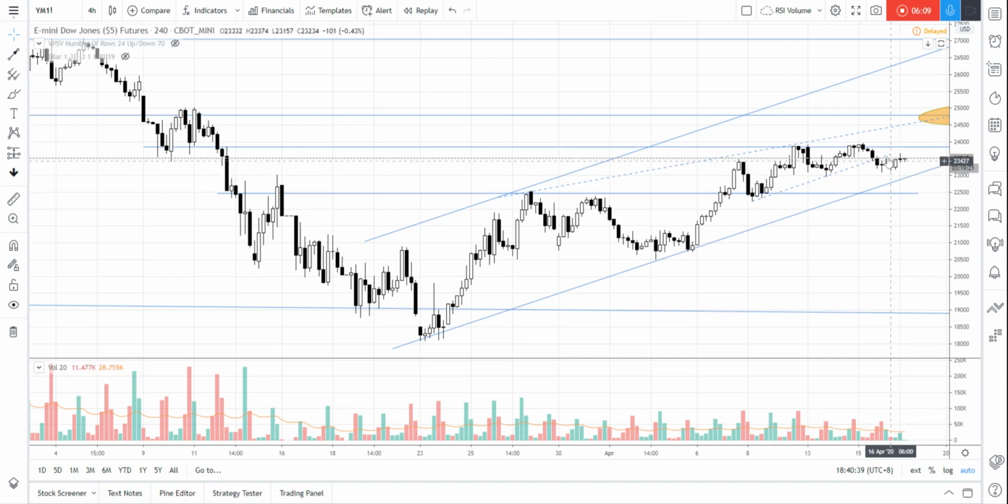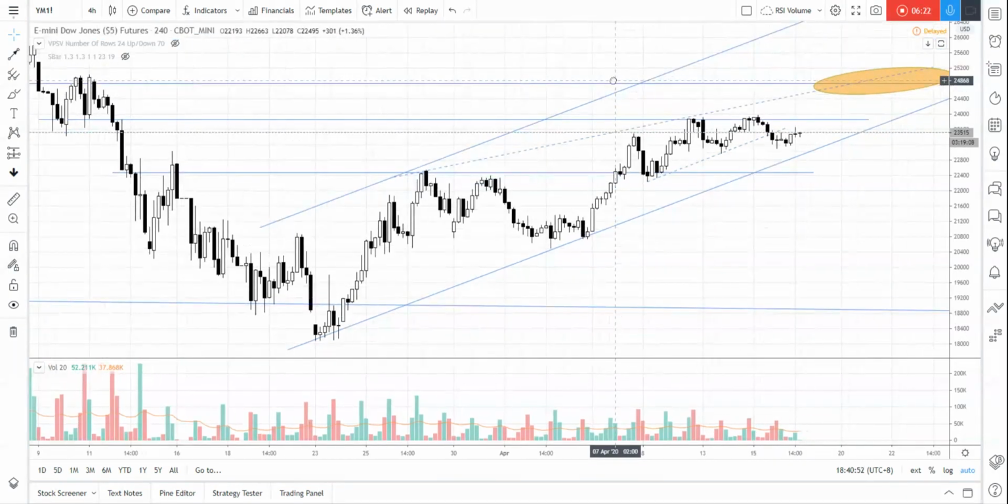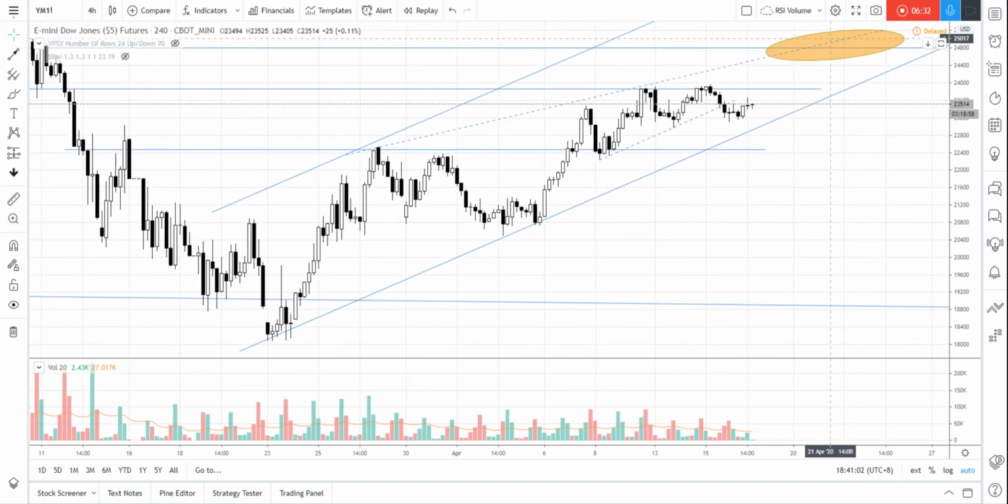The resistance level that I'm looking at is obviously this swing high here, which is probably a round number, 24,000. And if we manage to break above 24,000, then the next level we can look forward to is close to 25,000, which I highlighted here.